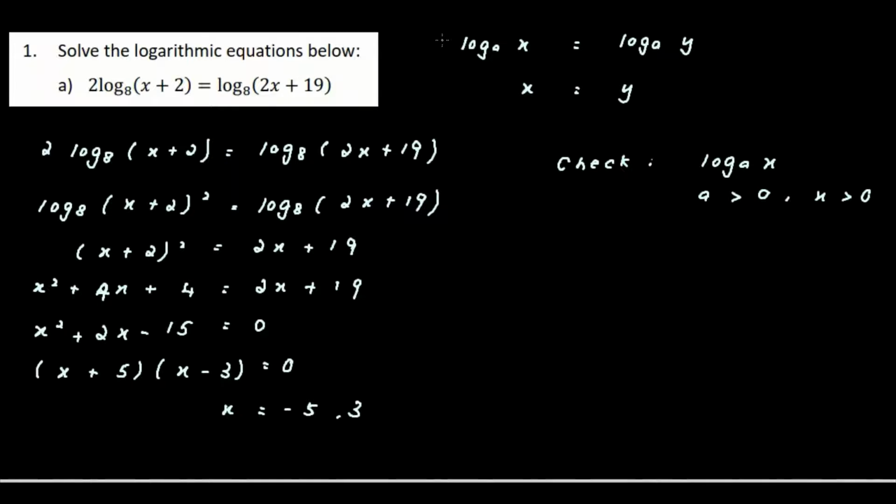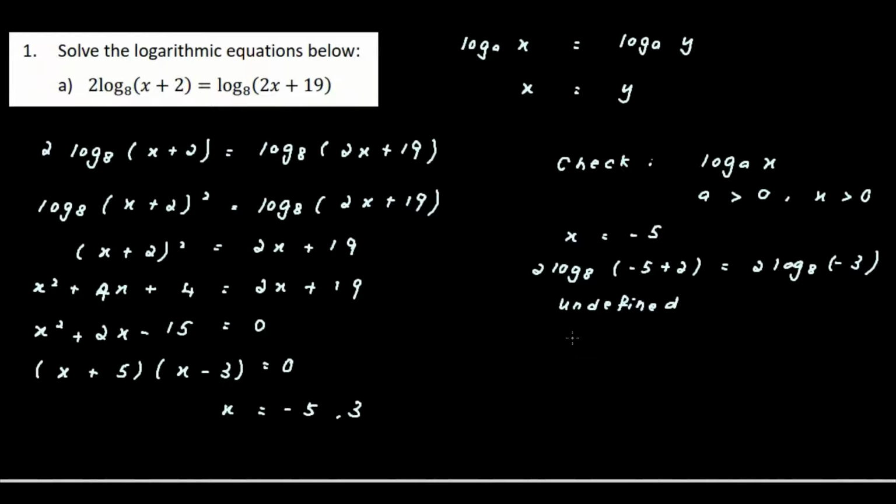So we can start to check with negative 5. When x equals negative 5, you will have 2 log 8 (negative 5 plus 2), which gives you 2 log 8 of negative 3. So you can see you have an x here which is negative, so that's why this is undefined. You can just write down undefined. So that's why you know that you cannot accept the answer x equals negative 5.